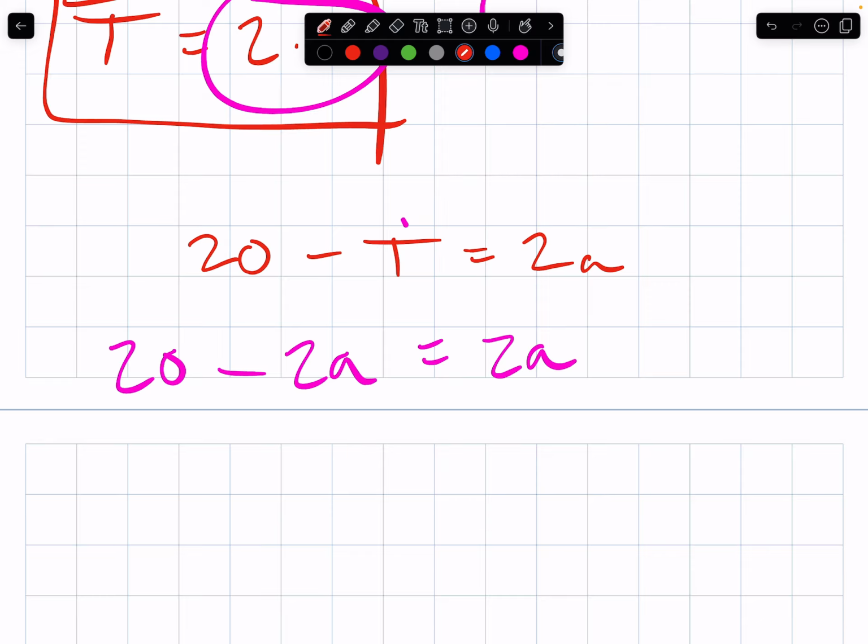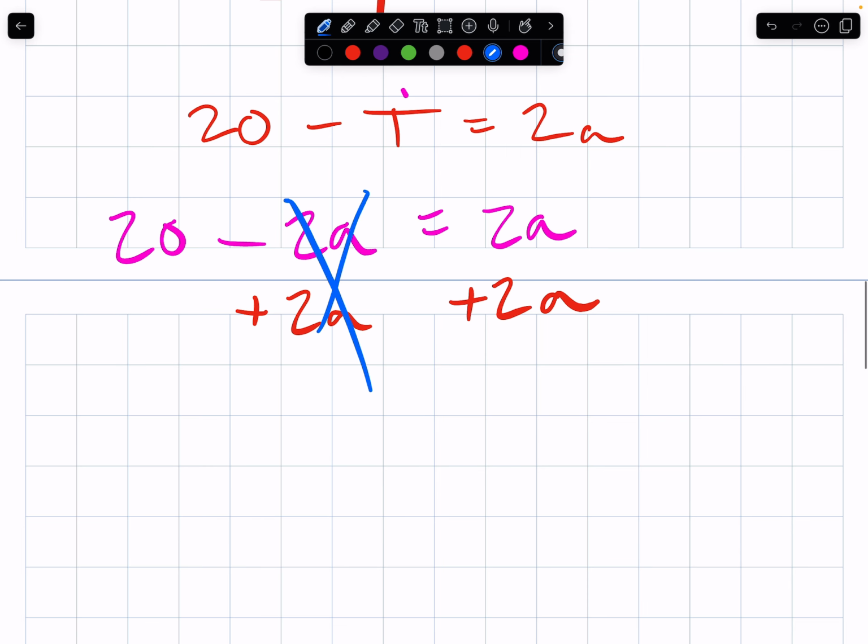How about add 2A to both sides? And what that does is it gets rid of this term. So now I've got 20 is equal to, well, what's 2A plus 2A? It's 4A.